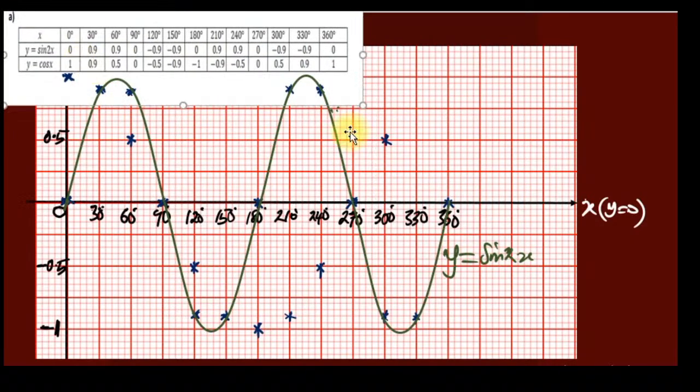So when it is 330, we have 0.9. 0.9 is 18 up, 5, 10, 15, 16, 17, 18. And when it is 360, we have 1. So 1 is here. So that's the point.